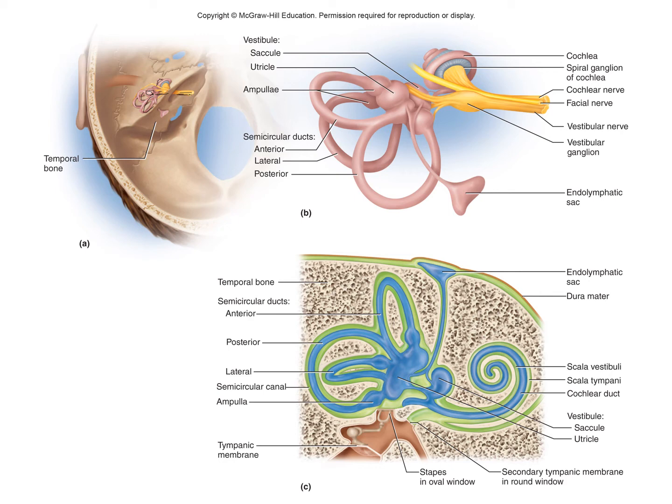Now, if we were to look at these two systems in isolation out of the skull, this is what it would look like. Again, we have the saccule and the utricle, and the semicircular canals, which are involved with equilibrium. And then the organ of hearing is actually contained in this structure that kind of resembles a snail shell. That is the cochlea. So this would be the cochlear nerve here, the vestibular nerve here, where they join together, vestibulocochlear nerve.